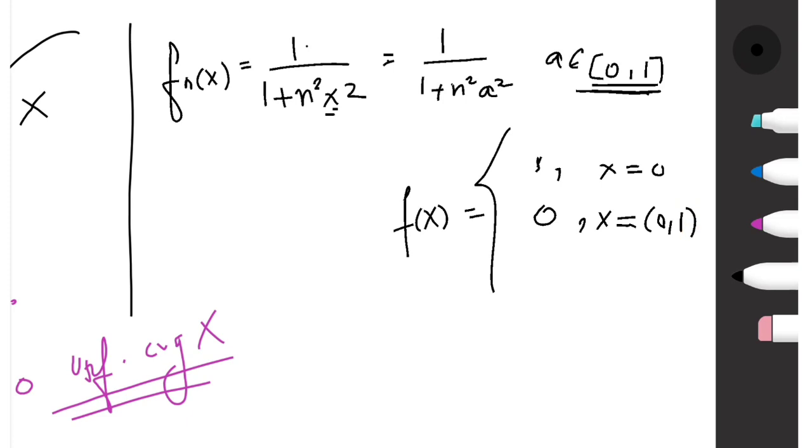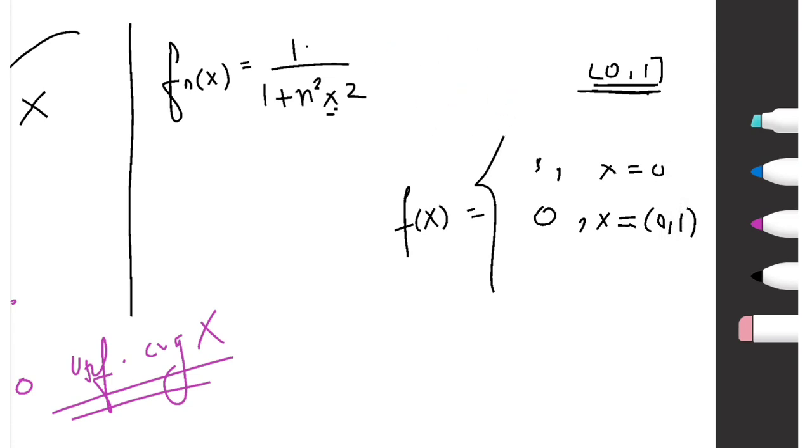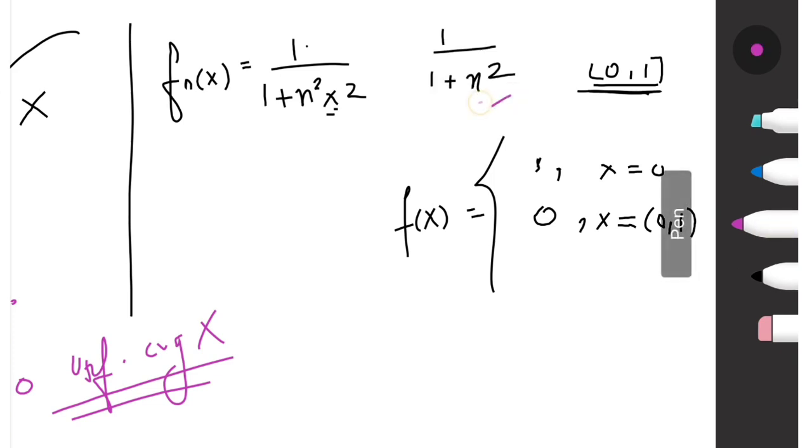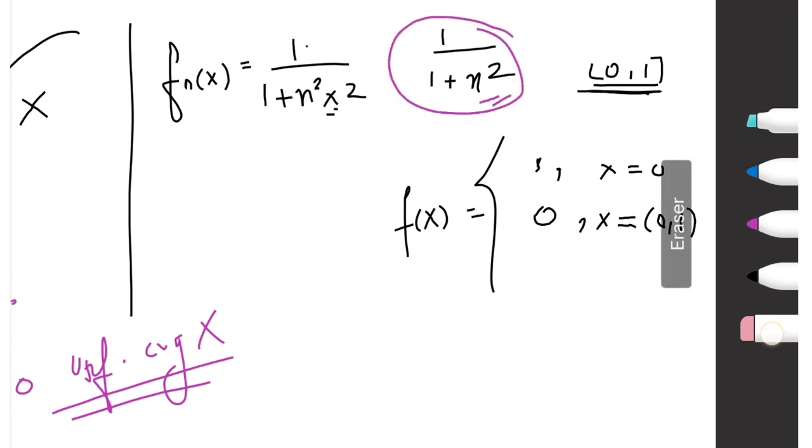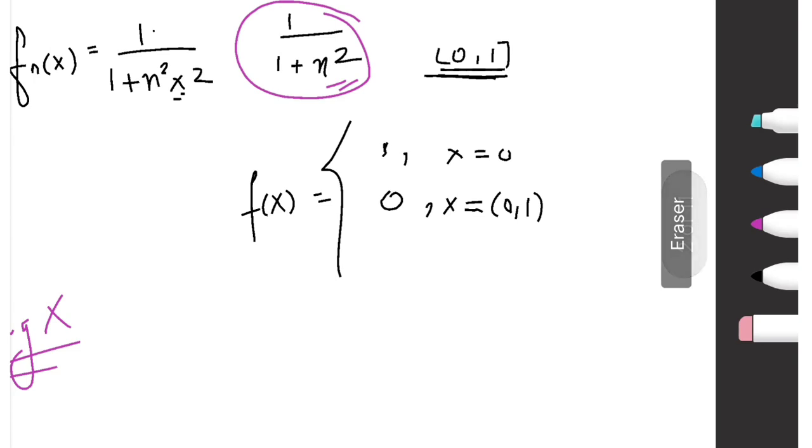When x is equal to 1, this will be 1 by 1 plus n square, and as n tends towards infinity, we will get 0. So I can put a closed interval on this.